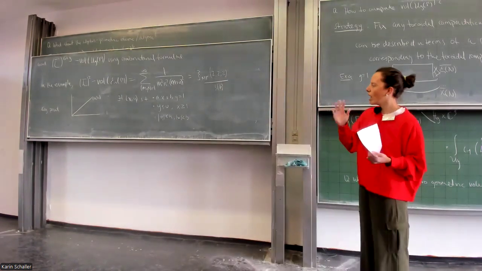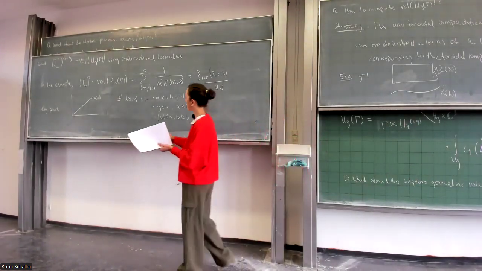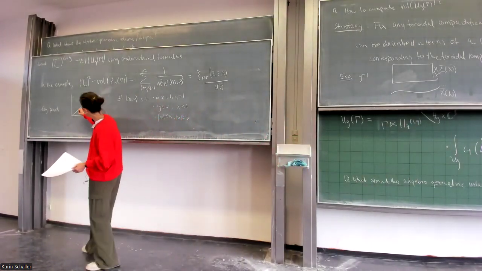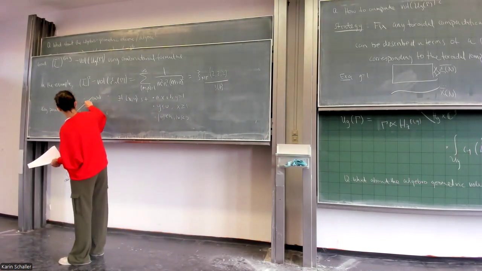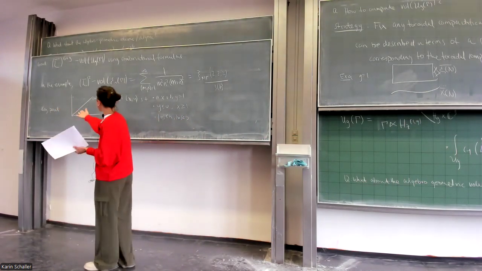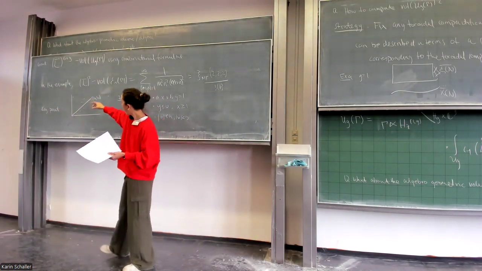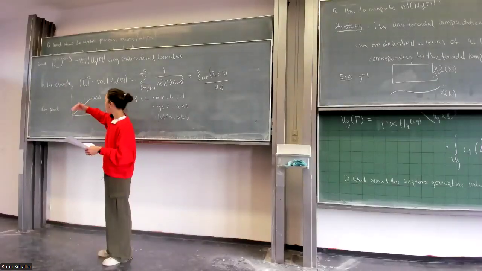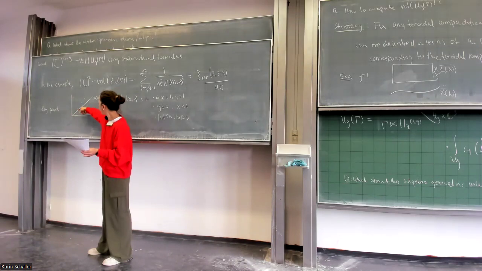Okay, why do I want something like this? Because I want to find unique elements here such that this exceptional divisor arises as a blow up in a uniquely defined tower of blow ups.